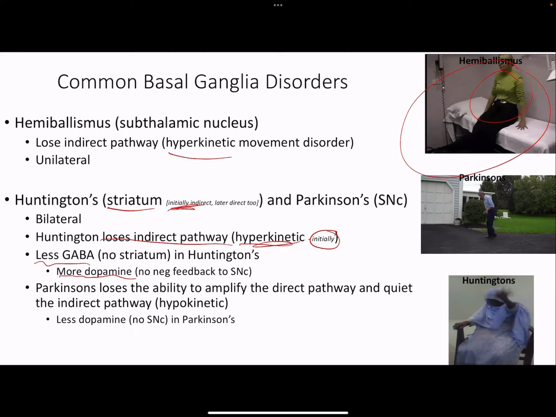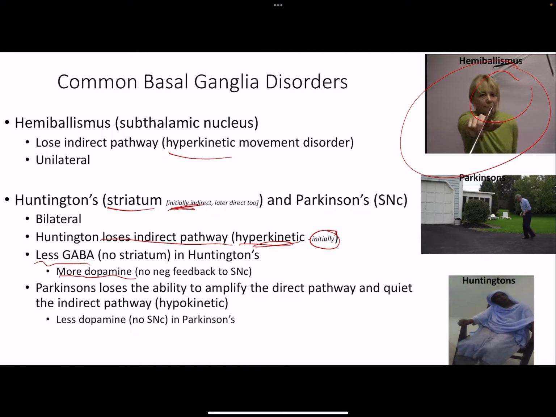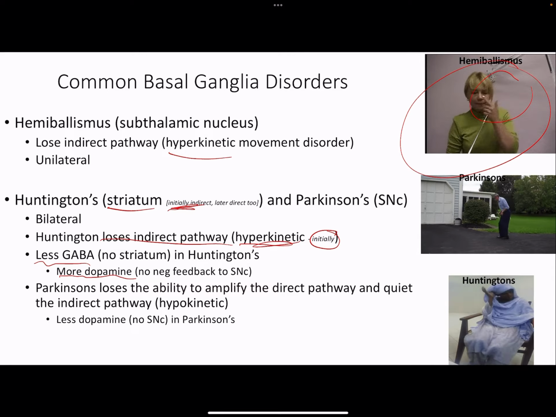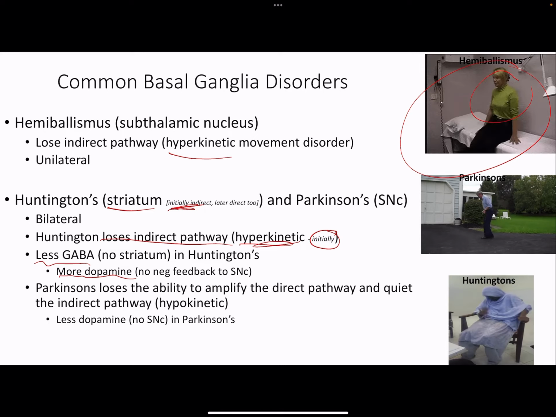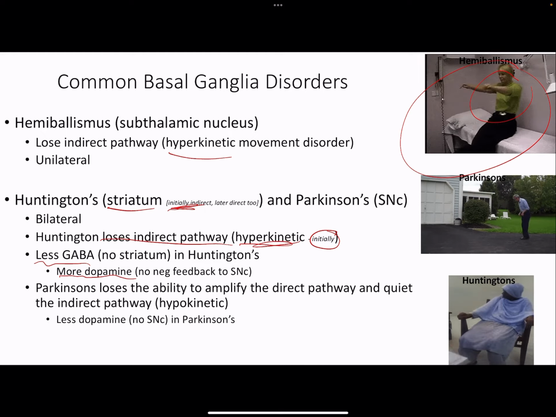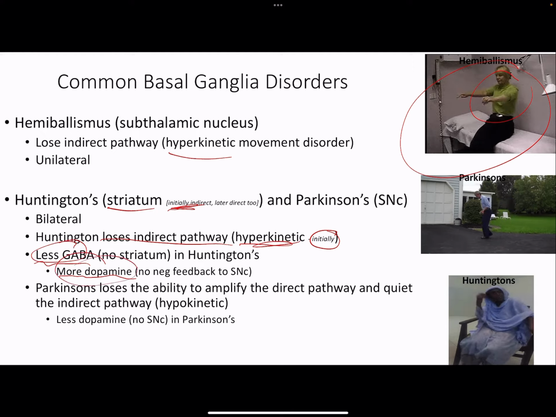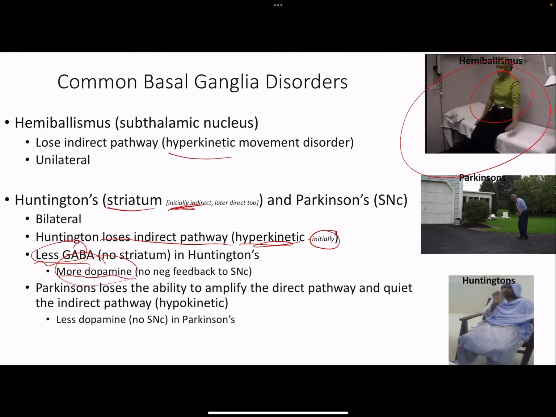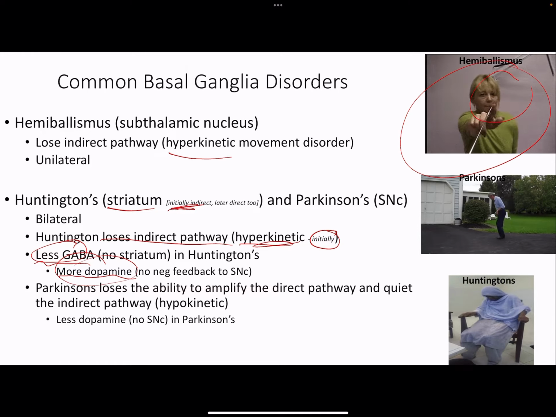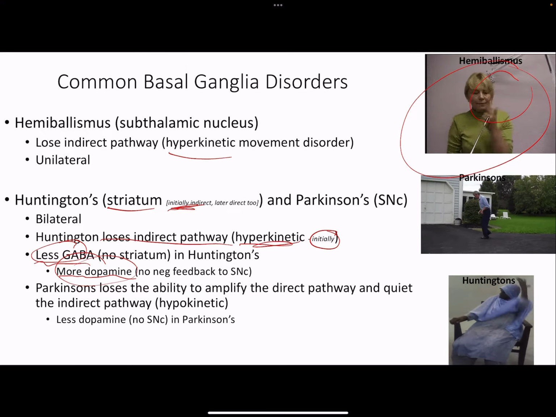So we're then going to get more dopamine, because again, the SNC is trying to tell the striatum what to do, and if the striatum's not there, it's just going to be classic negative feedback, the absence of negative feedback. So less GABA, more dopamine. If you think about it, it should make sense. Parkinson's, we are specifically losing the substantia nigra compacta.